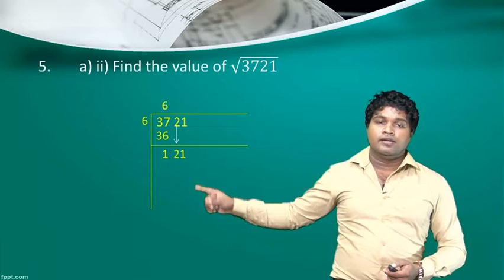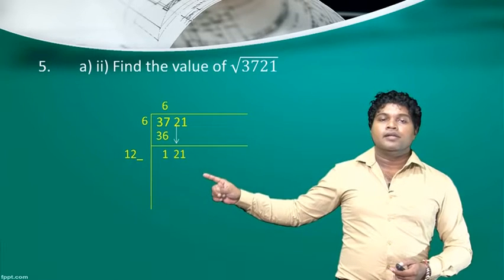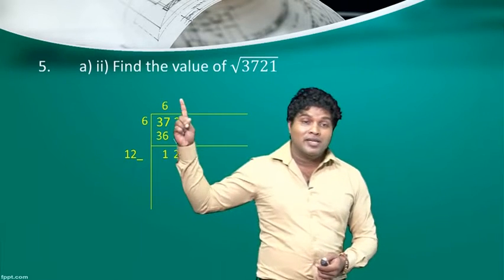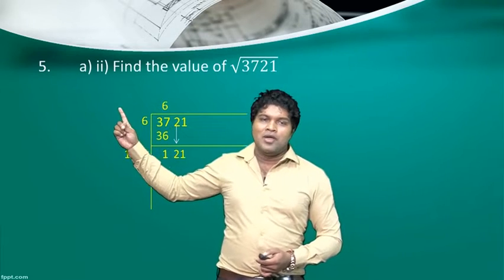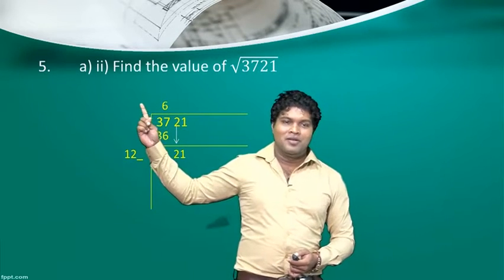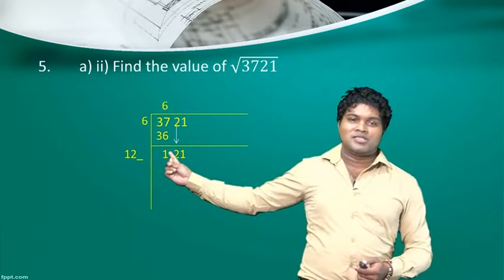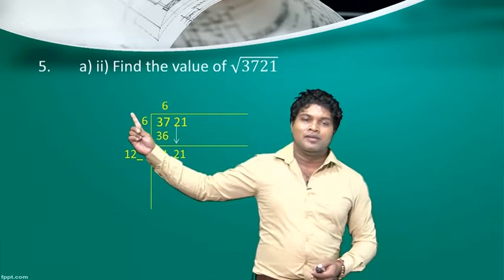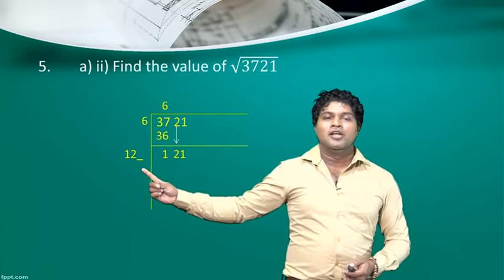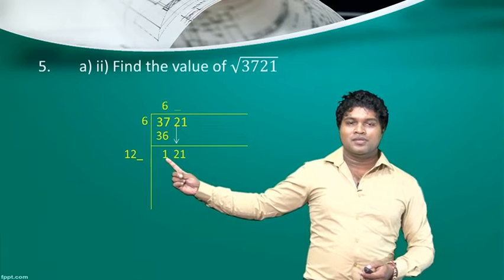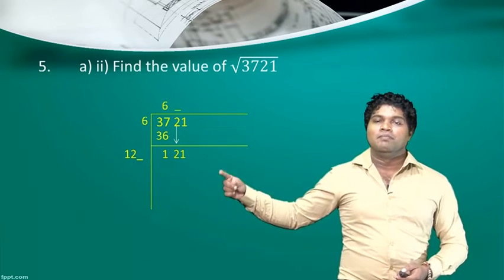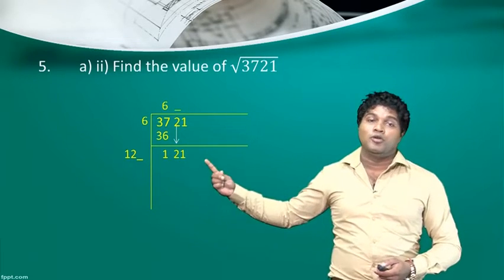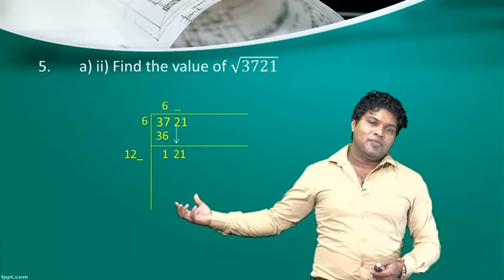21 is taken down. And immediately you have to double the number. Whatever you have written up, you have to double. When you have a remainder like this, you must remember, right? Once again, 2 times 6, 12. Leaving a space, you have to complete this space until you get 121.